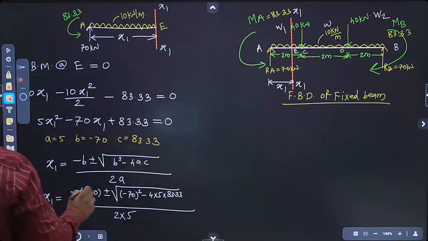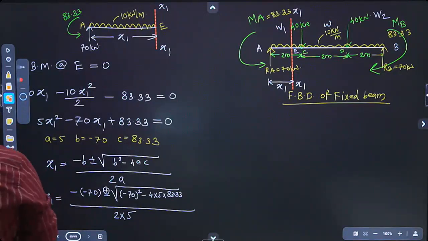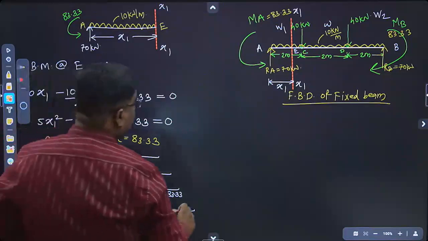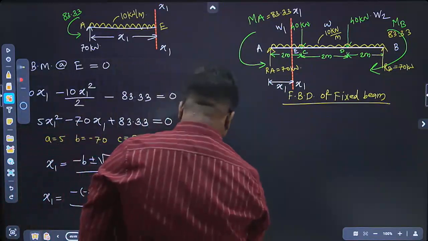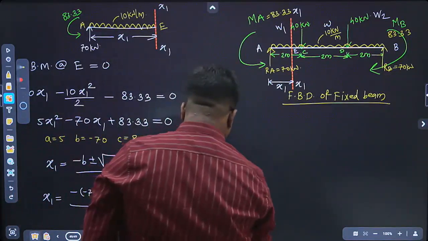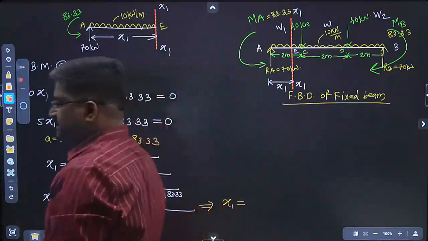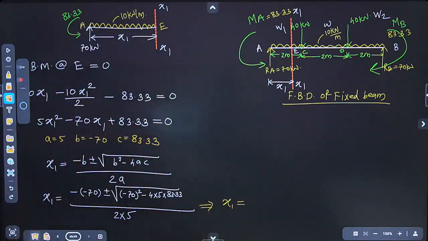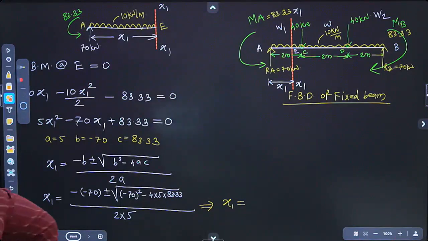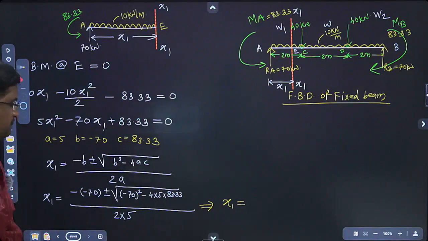Okay, so first put plus sign here and then put minus sign here. You will get two answers of x1. So tell me both answers of x1. Yes. What is the answer of x1?